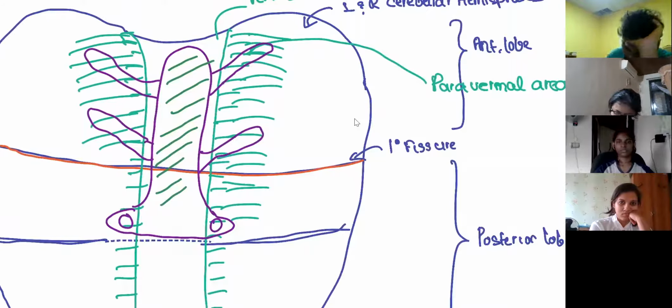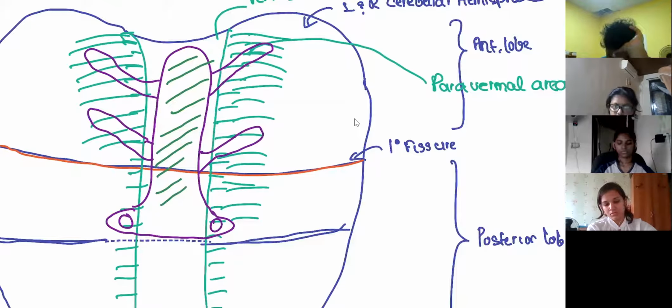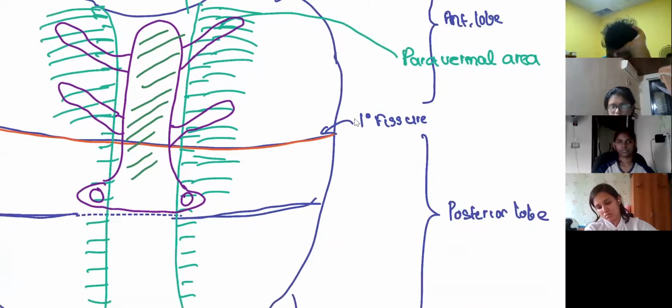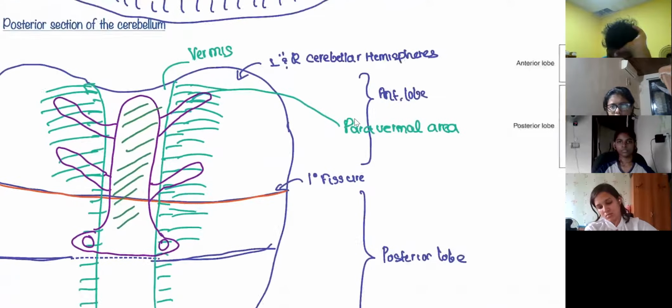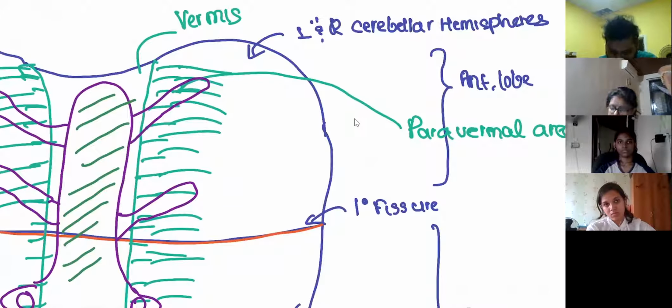If there's damage to the vermis, it leads to ataxia of the area from neck to the hips. If there's damage laterally, in the paravermal area, it leads to damage in the limbs.